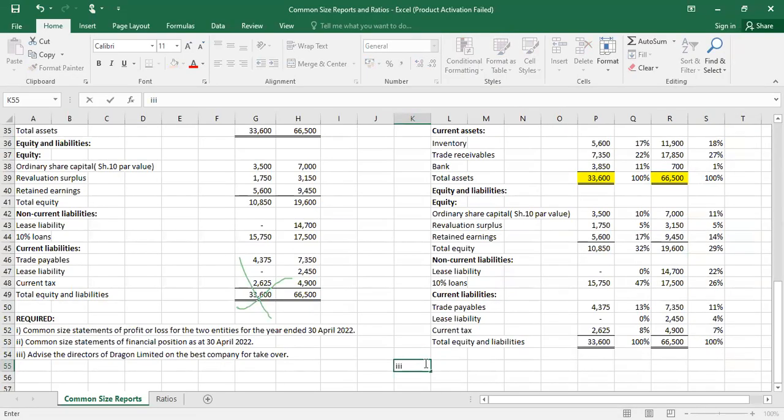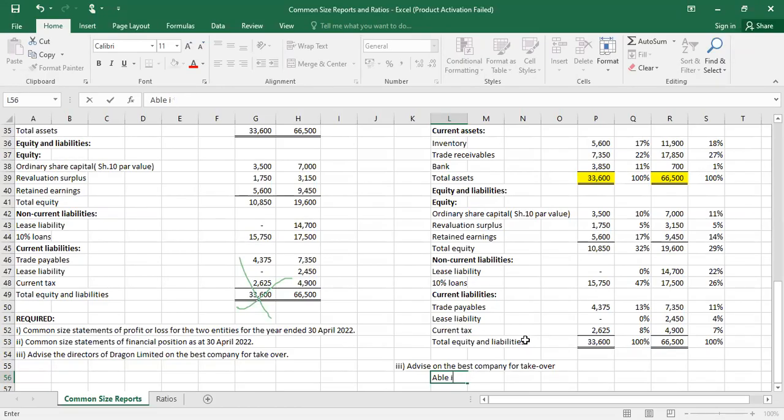Number 3 of the question wants that we advise on the best company for takeover. We have agreed that Able is best.